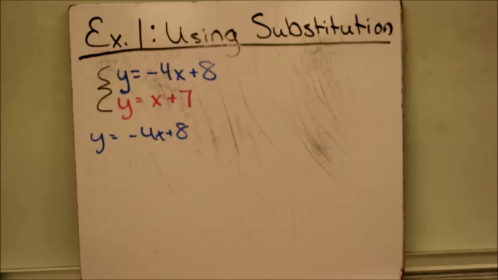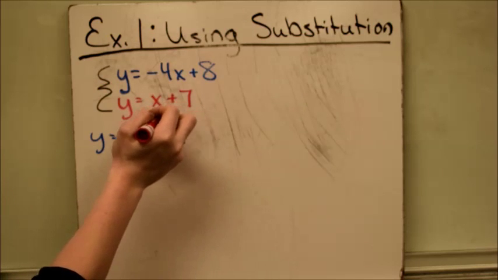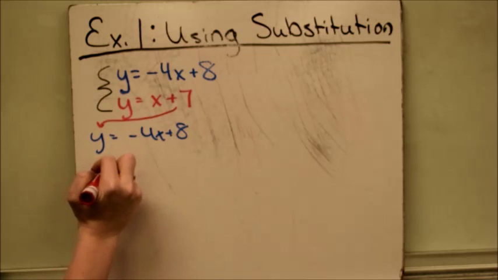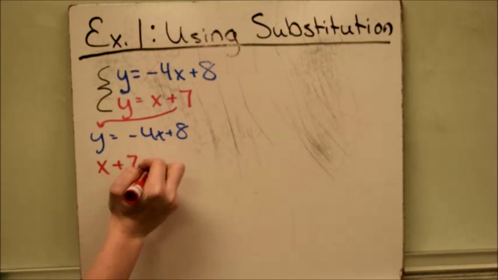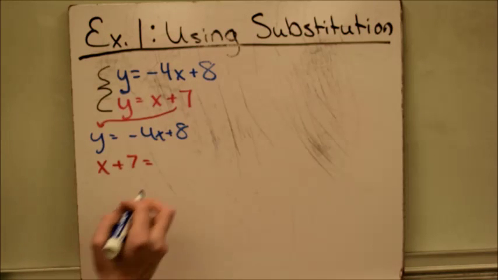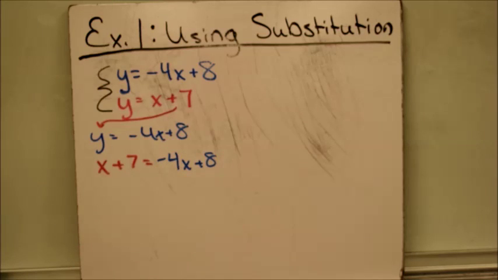Because this says y equals x plus 7, I can take that and replace this y with it. So now I'm just going to rewrite my equation: x plus 7 equals negative 4x plus 8. Because y equals that, I can do that.